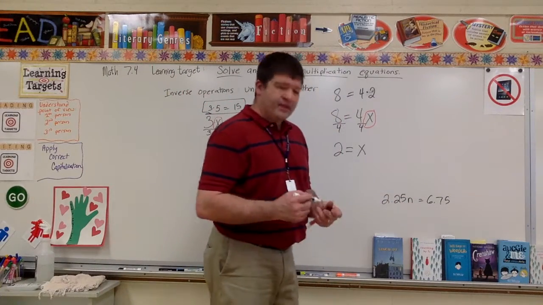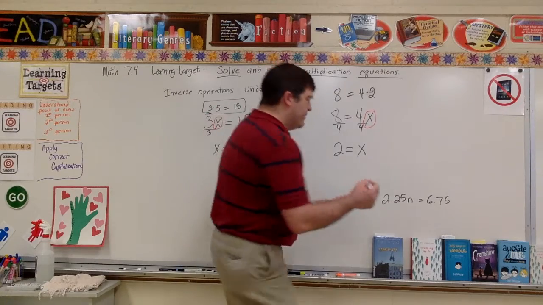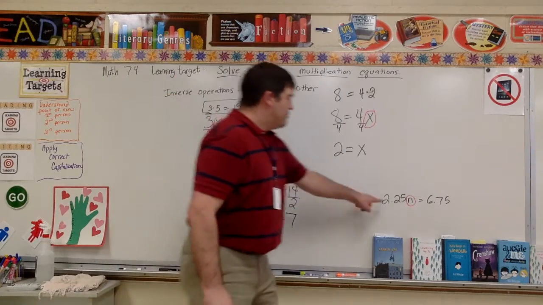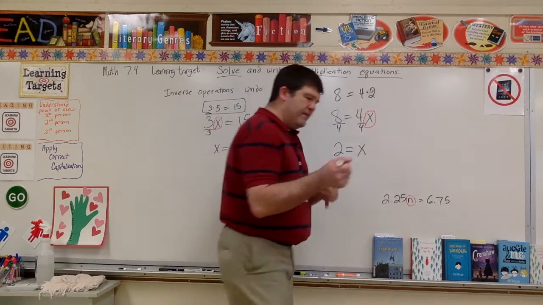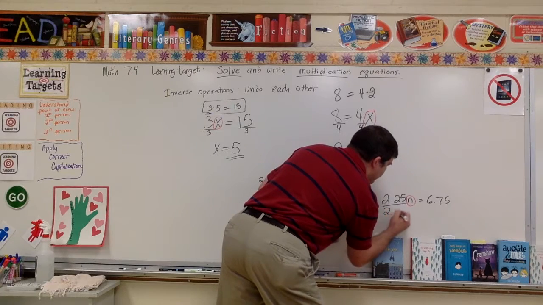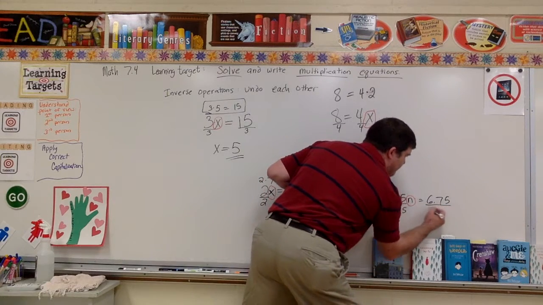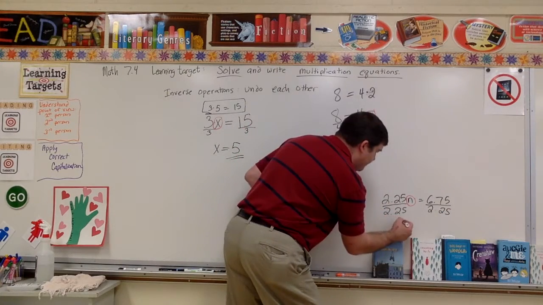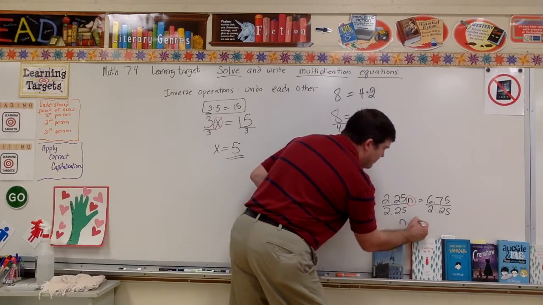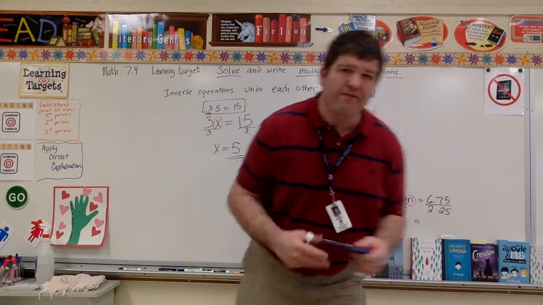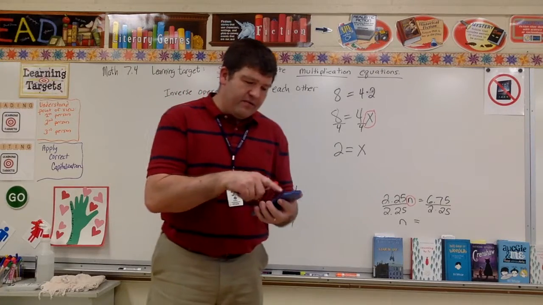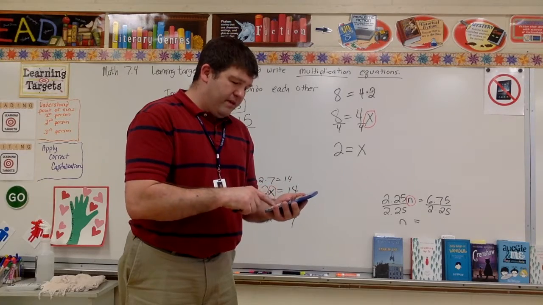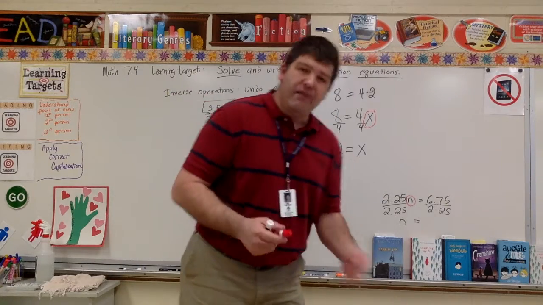Look at this one over here. I have a decimal. I still have a variable. The variable is n. I want to get it all by itself. 2.25 times n. I'm going to divide this by 2.25, and then I'm going to divide this by 2.25. When I do that, this becomes 1, or just n, equals. Now, when I have decimals like this, I'm going to do it on my calculator. 6.75 divided by 2.25 comes out even as 3.